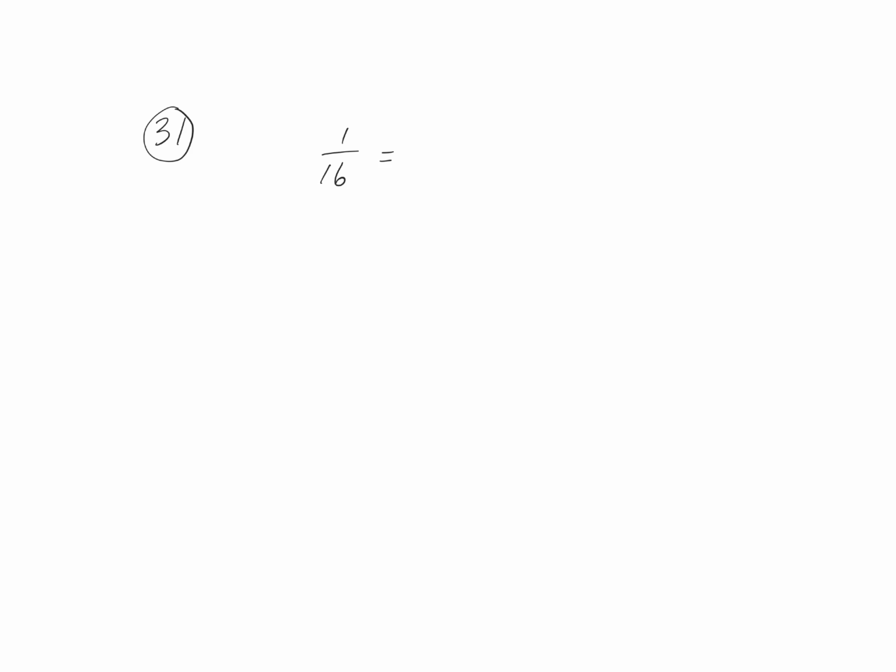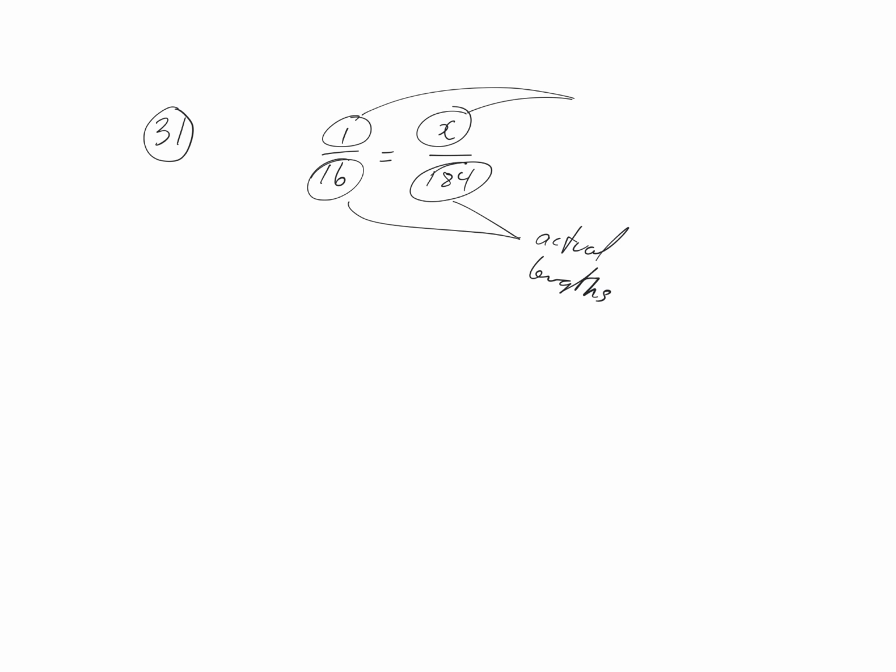If the length of the femur bone of the actual skeleton is 184 centimeters, so we put 184 and 16 in the bottom because both of these are the actual lengths. And this is going to be our x value up here, I believe. What is the length to the nearest 1/10 of a centimeter of the femur bone in the model? Yes, because up here and up here, these are both the model.